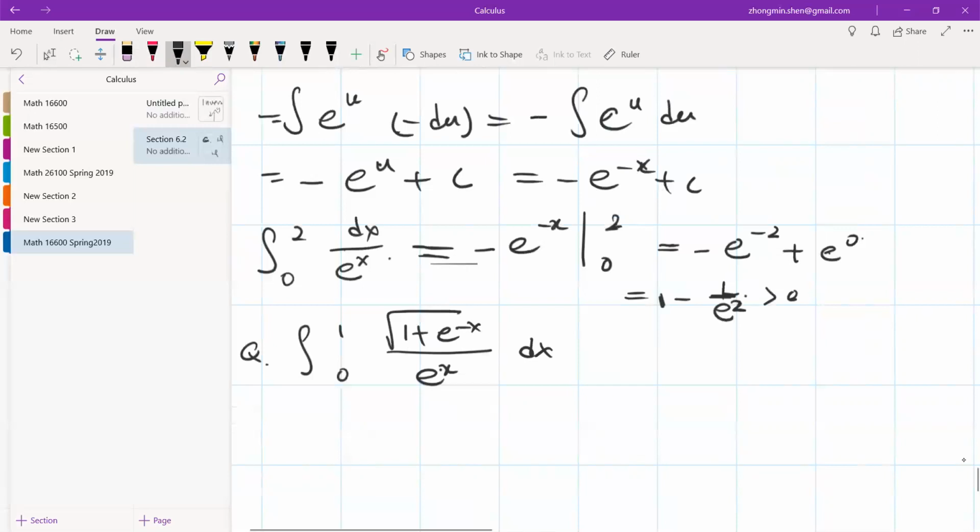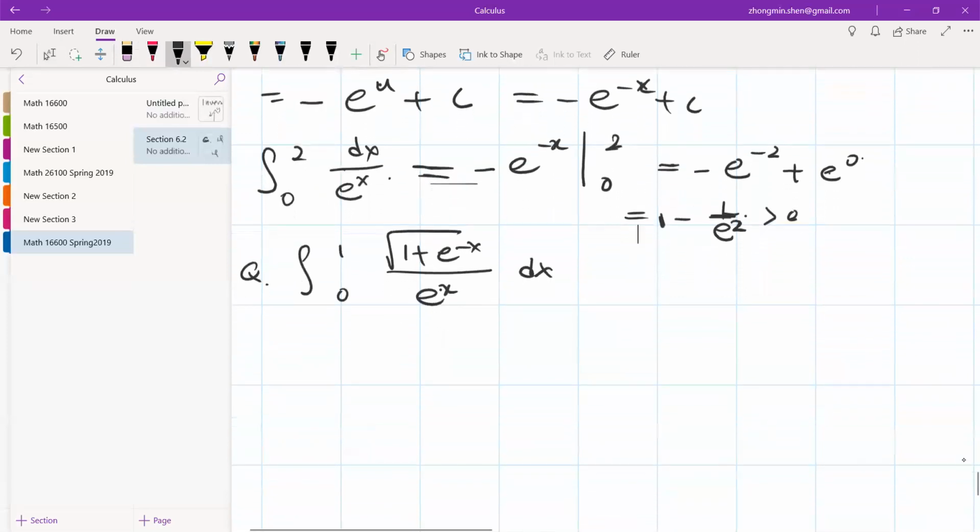Right, this is problem 94. So now how do we do that?